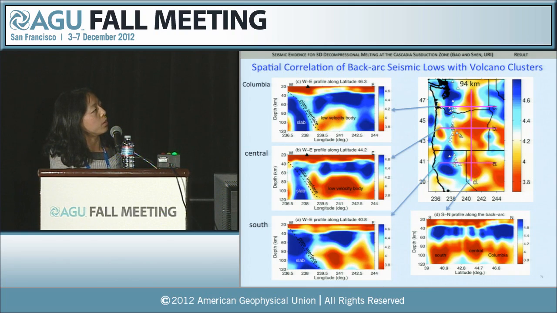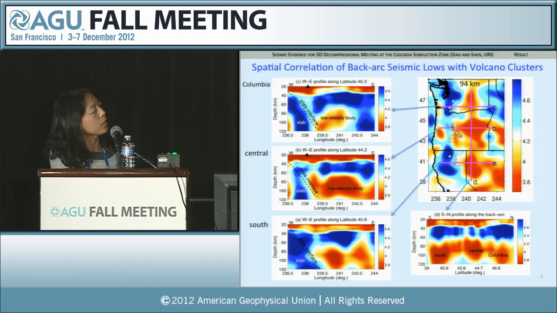I drew a few profiles crossing the 3 low velocity volumes. The lower right shows the south to north profile crossing all the 3 low velocity volumes. The dashed line is the projected plate interface.